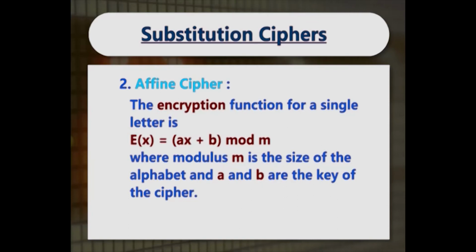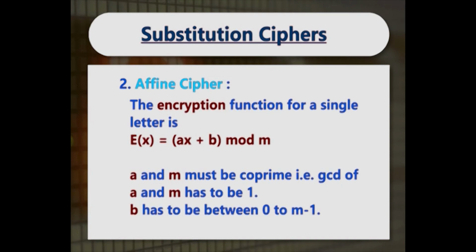The encryption function for a single letter is E(x) = (Ax + B) mod m, where the modulus m is the size of the alphabet, which is 26 in the case of the English language, and A and B are the key of the cipher. The value A must be chosen in such a way that A and m are co-prime, that is, the GCD of A and m has to be 1.